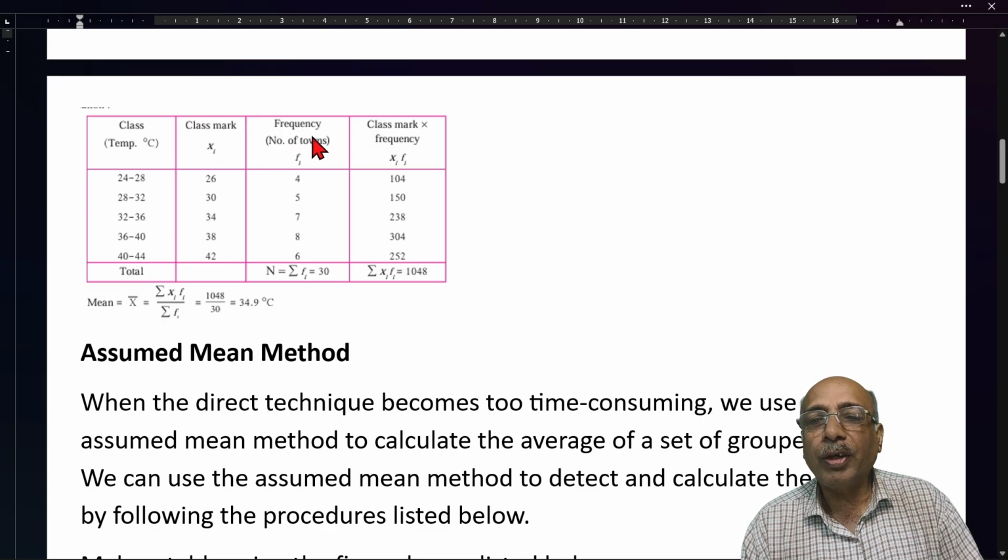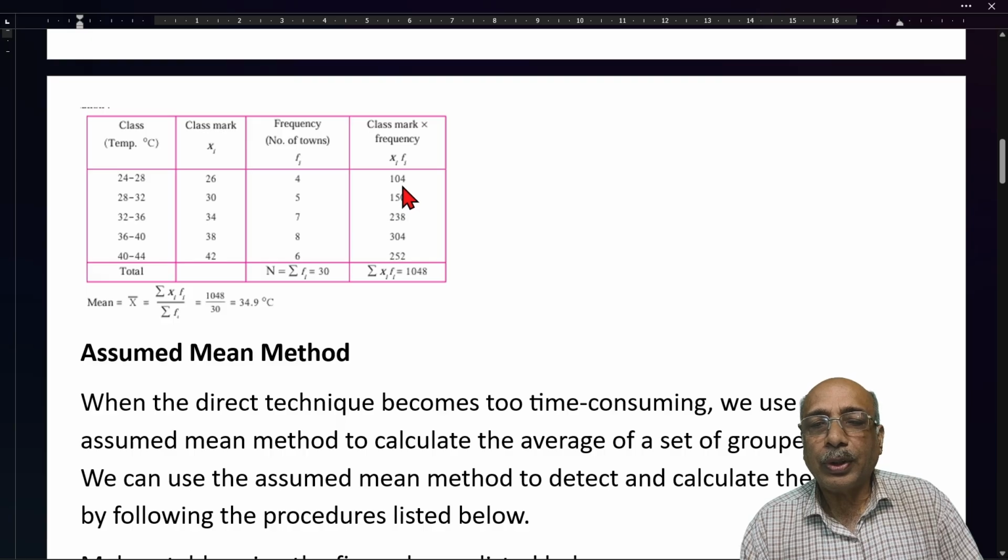Then comes the frequency, the number of towns for example here. So frequency is denoted by fi, and it is given in the table. Class mark into frequency, that is the product of fi into xi, will be given here.